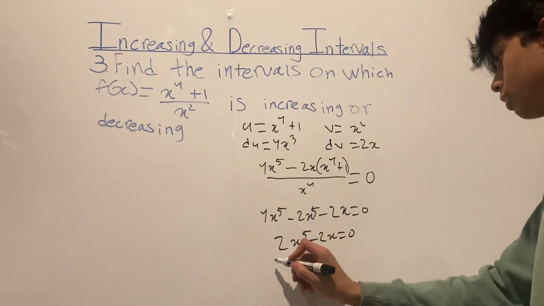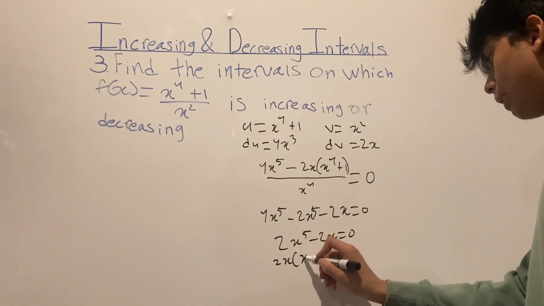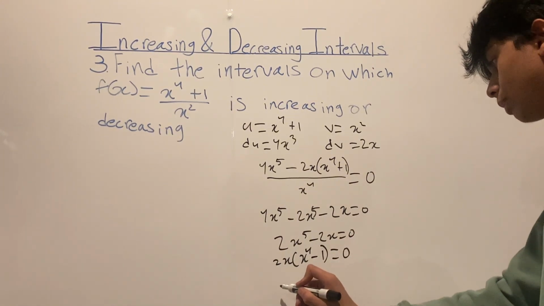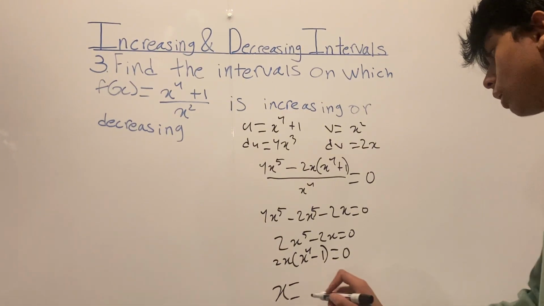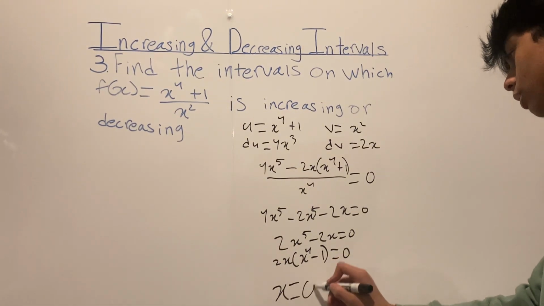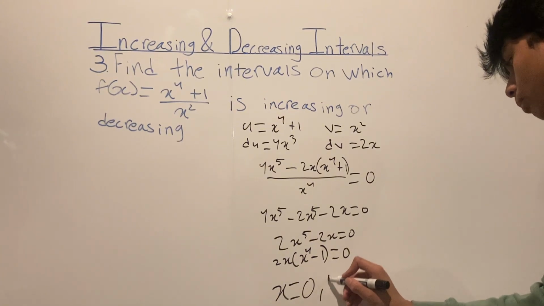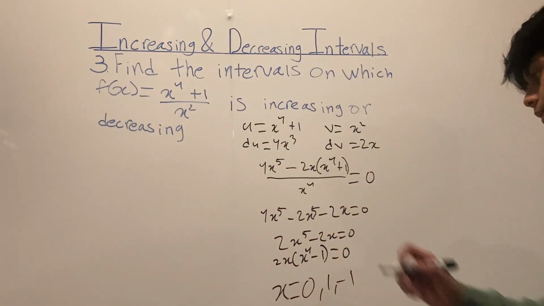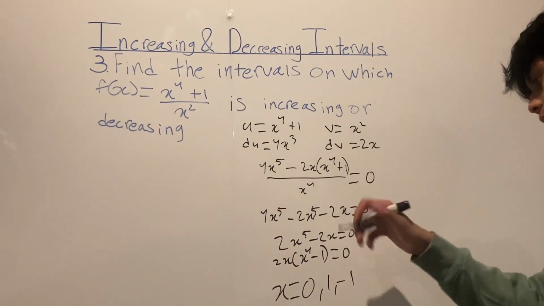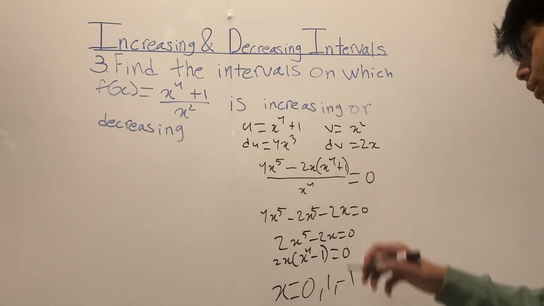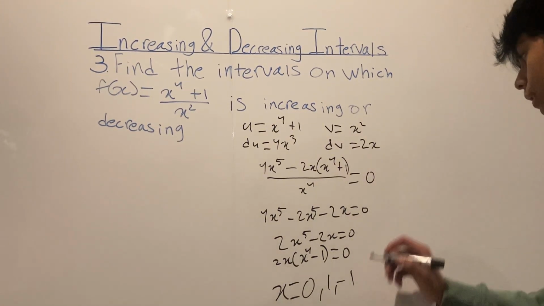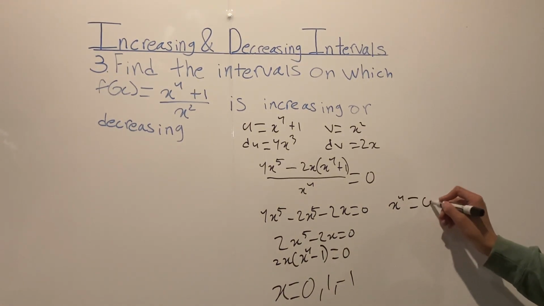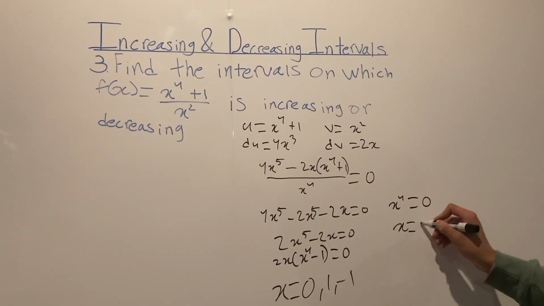When you factor out 2x, you're left with x to the 4 minus 1 equals 0. So the points of horizontal tangency are x equals 0, 1, and negative 1, because x to the 4 equals 1, so it's positive 1 and negative 1. The point of vertical tangency is where x to the 4 equals 0, so x is just 0.